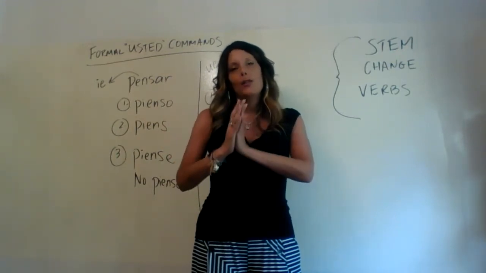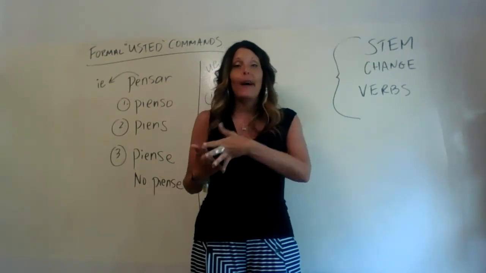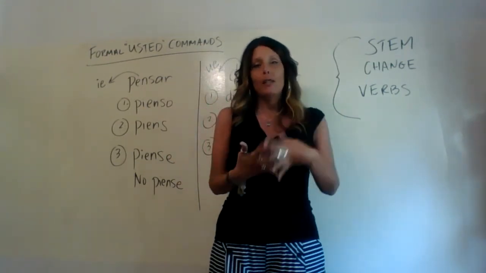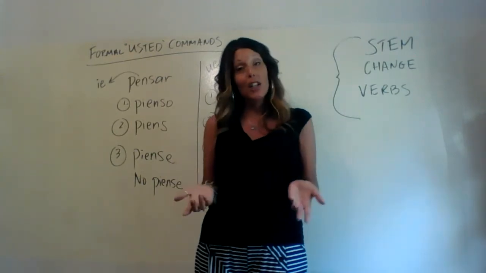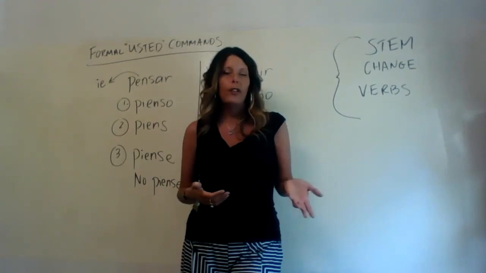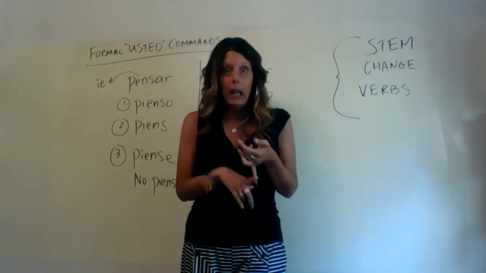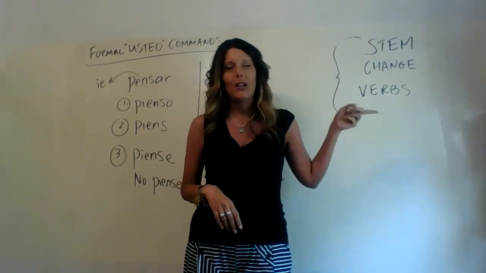So please, please, please don't forget how to do stem change verbs. And if you need to look back and review stem change verbs, please make sure that you do that. So this is stem change verbs as formal usted commands. In the next video, we'll be looking at spell change verbs. Not to be confused with stem change verbs.